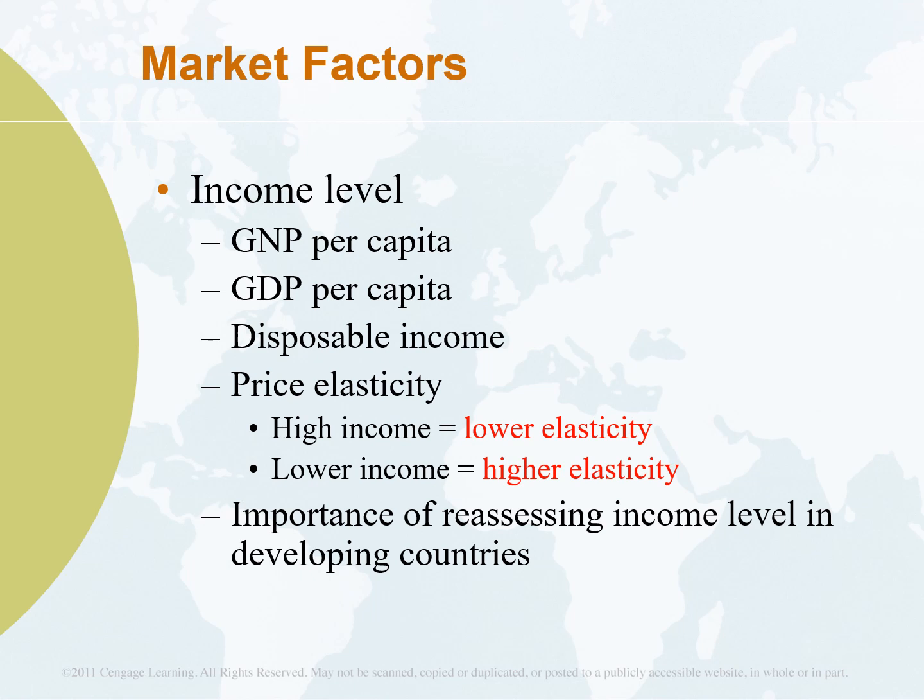Then the consumer's disposable income, the income after tax. You have to look at the price elasticity. For higher income people, there's a lower elasticity. For lower income people, they have higher elasticity. Okay? The importance of reassessing income level in developing countries.